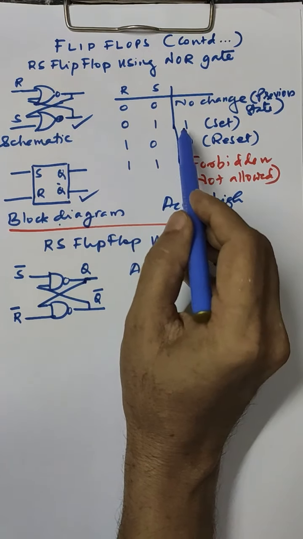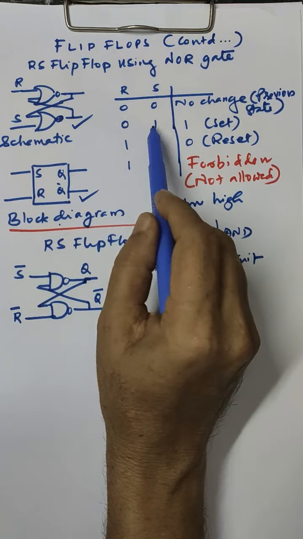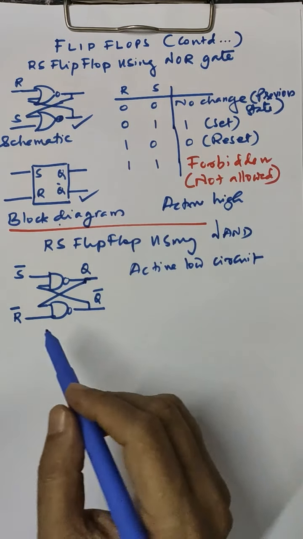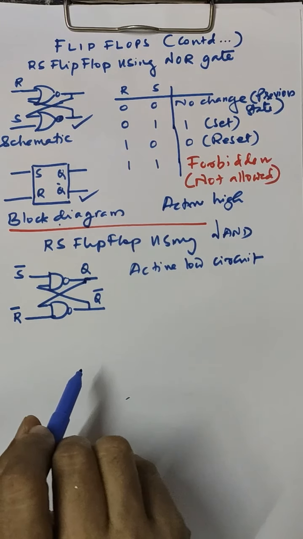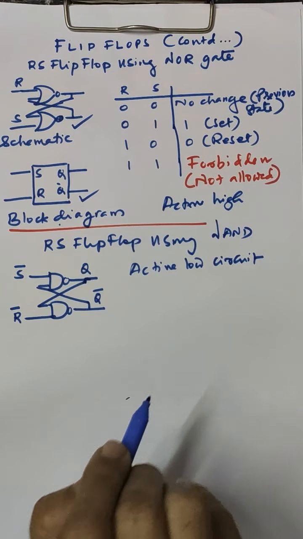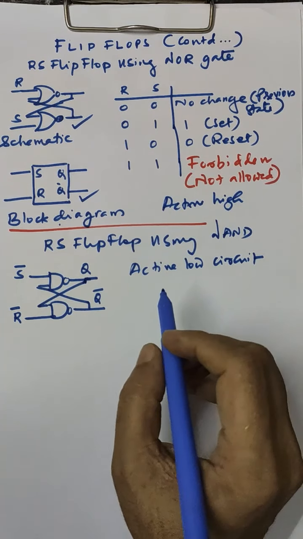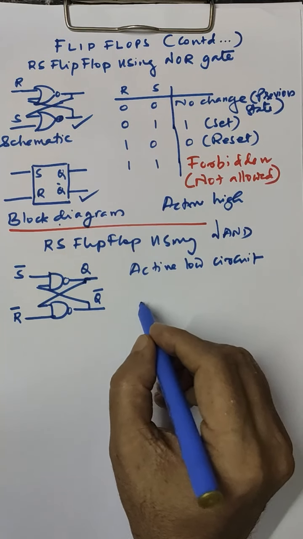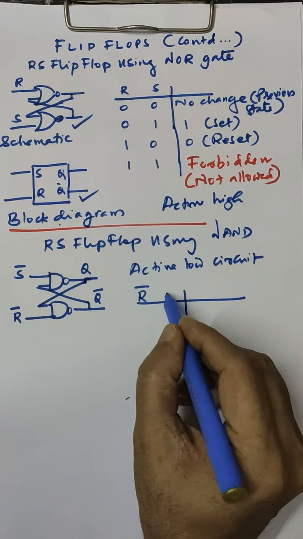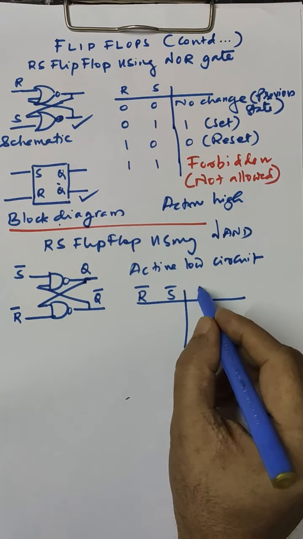For example, in order to make Q 1, set is 1. In order to make Q 0, reset is 1. Here the operation is just opposite. That is, all the inputs are inverted. So you can draw the truth table. I will write R bar and S bar and Q.